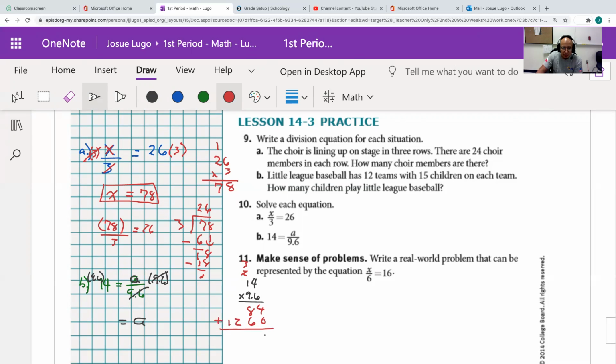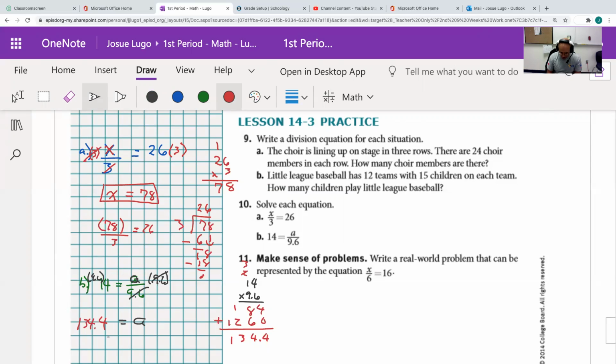Let's add this together. We get 4, 14, 3, and 1, and then we have one decimal place. So my answer is going to be 134 and 4 tenths.